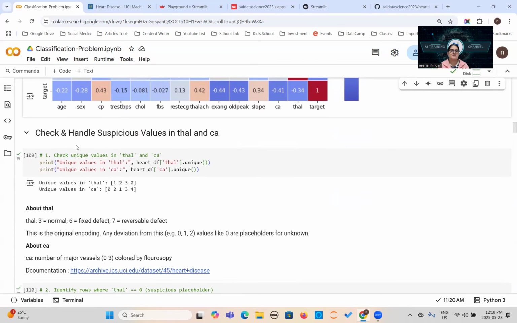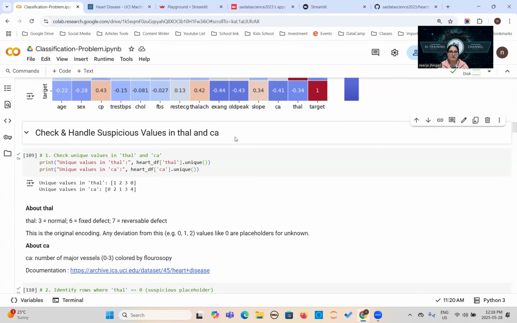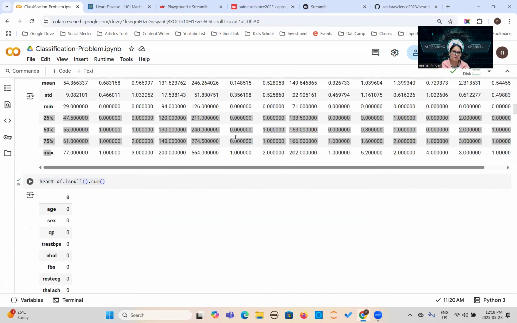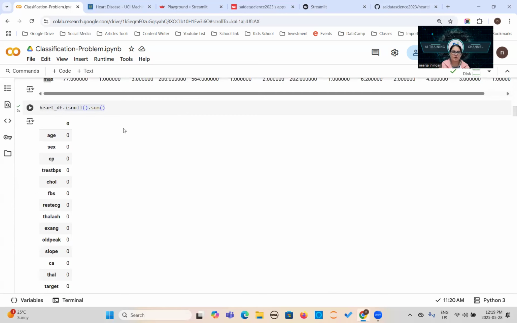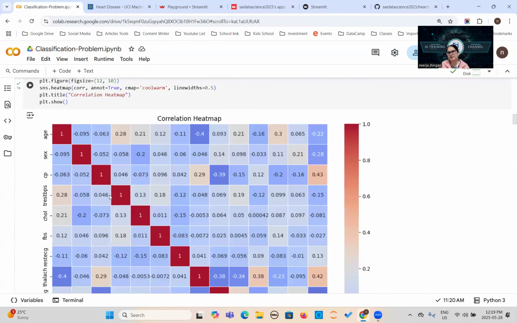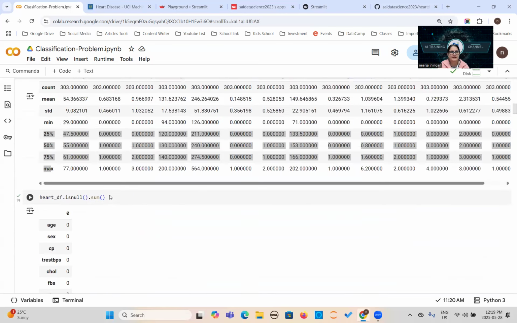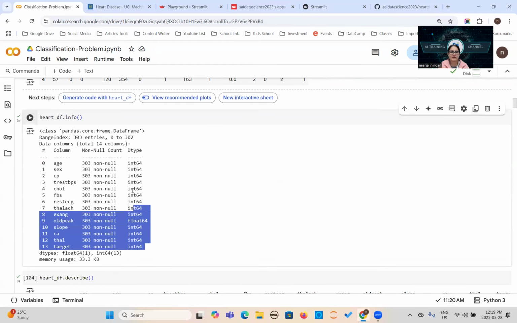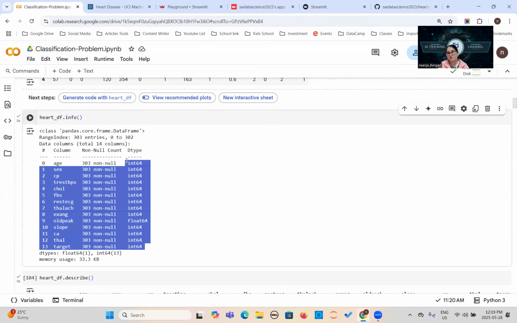And then this is check and handle suspicious values in thal and CA. Okay, so listen to this point carefully. We are working with a healthcare domain data set, right? Although if you look at this data set, you feel like there is no problem, because there is no missing value, the duplicate was one and you have deleted it, and all your information is of integer type, right?